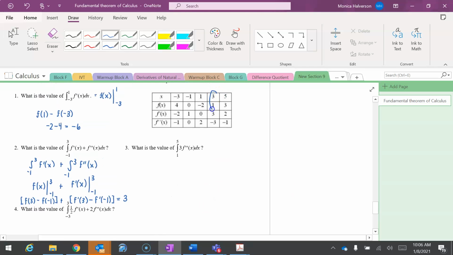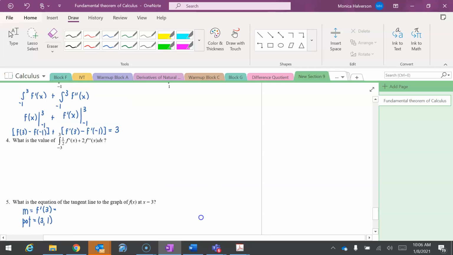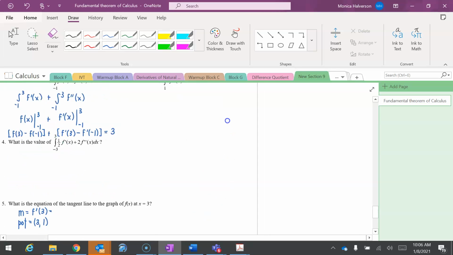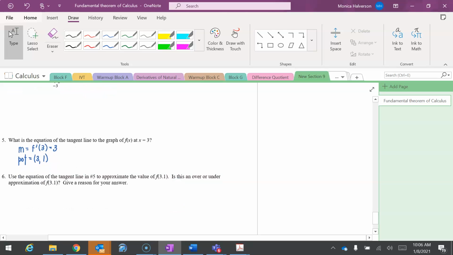The original function has a y value of 1, so that's our point of tangency. We also should remember that the slope of the tangent line is equal to the first derivative at that x value. So the first derivative at 3 equals 3.